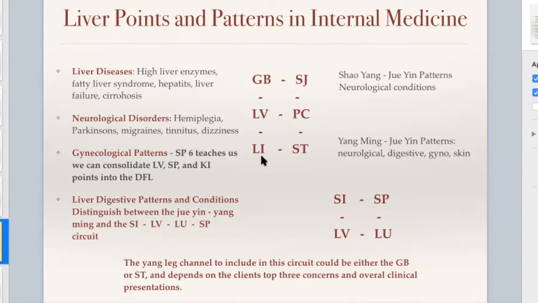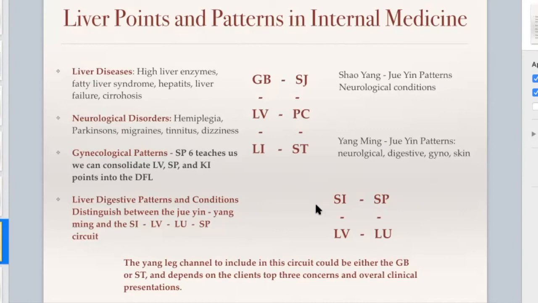You've got to change it up, especially if it's a condition that is going to require a whole course of treatments, like maybe 6 or 12 sessions. You need to be mixing those small intestine points in there, especially if they're complaining of pain at SI13 or scapular pain.